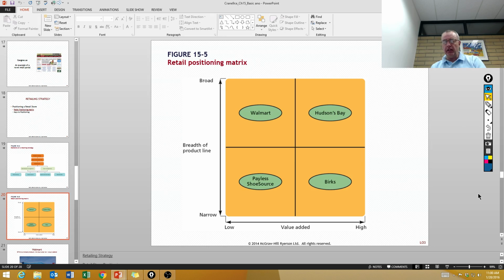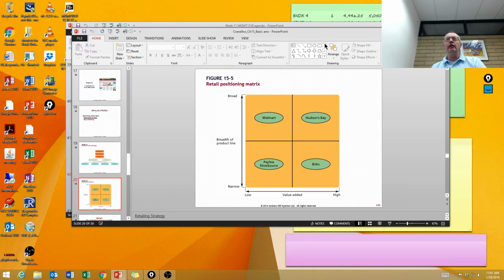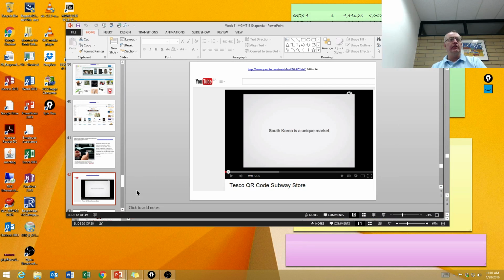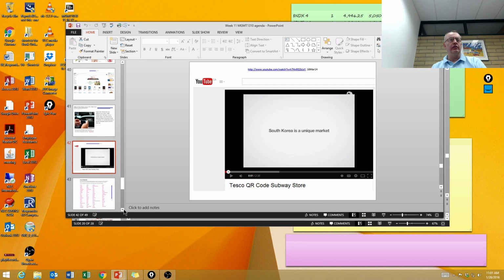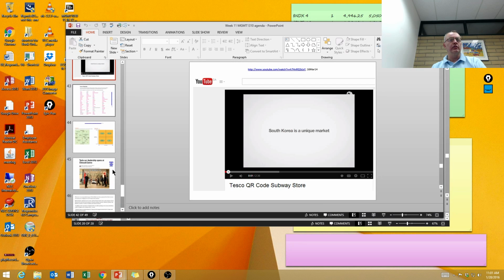Okay, so we can create this retail positioning matrix. I'm going to switch to my slide, because on my slide I've put this slide and another one together. Oh, there we go.